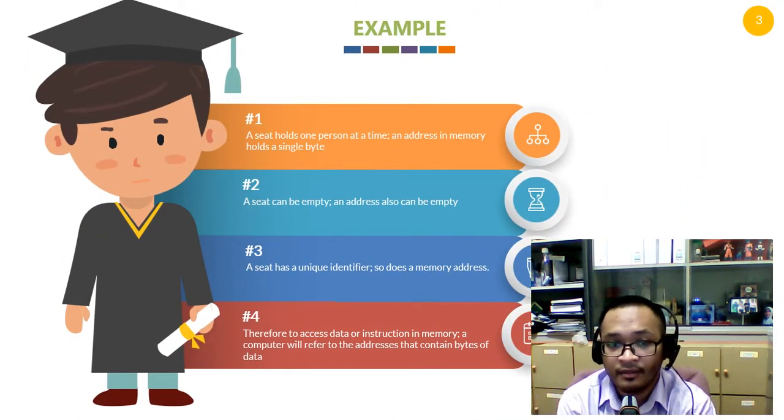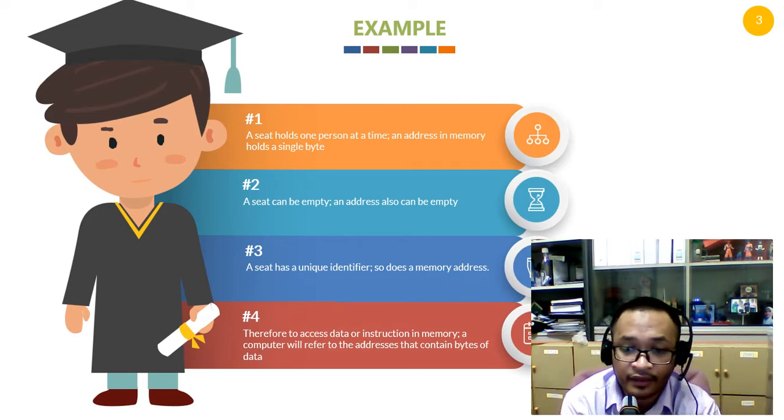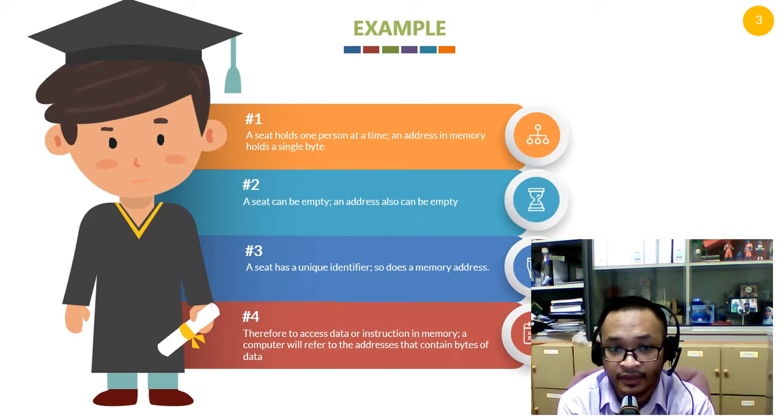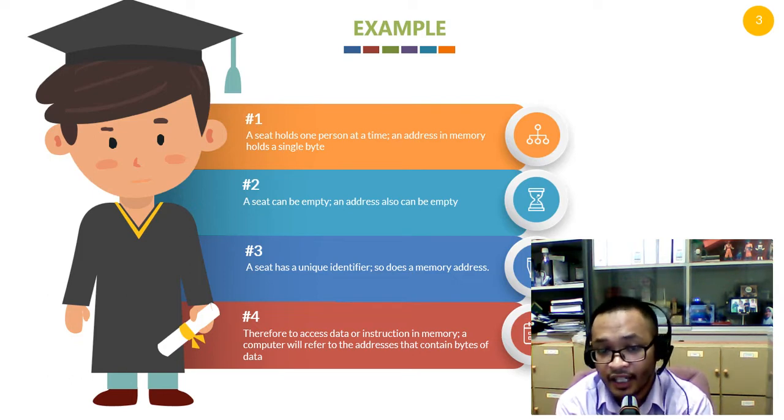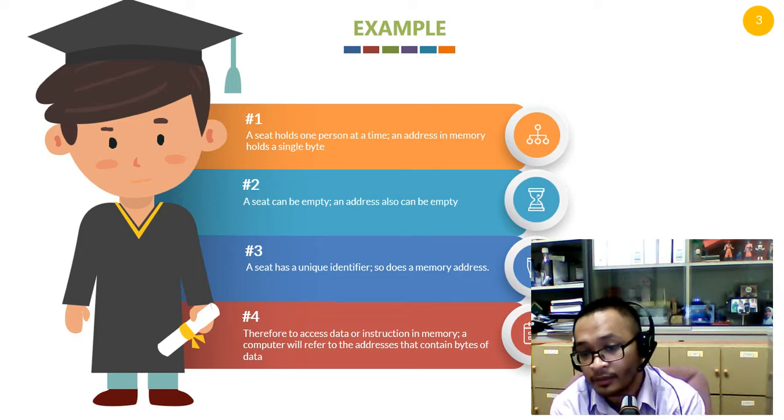For example, let's say we have a seat. A seat can only hold one person at a time. Similarly, an address in memory can hold a single byte of data. A seat can be empty, and an address can also be empty.